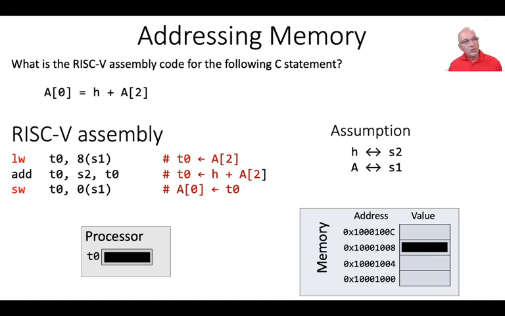And then I'm going to store the result into position 0 of the array. For that, the displacement that I need to add to the base address of the array is 0. So the instruction will be specifying that I'm storing a word from T0 into 0(S1). And what that will do is bring the new value into 1000.